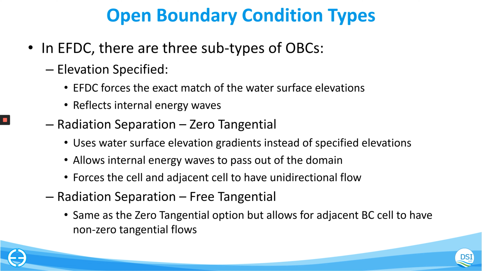This would allow the energy from waves to pass out of the domain. Sometimes with the elevation specified, what you'll see is waves will reflect off of the open boundary. And the radiation separated free tangential is another option as well. You can read about it right there.